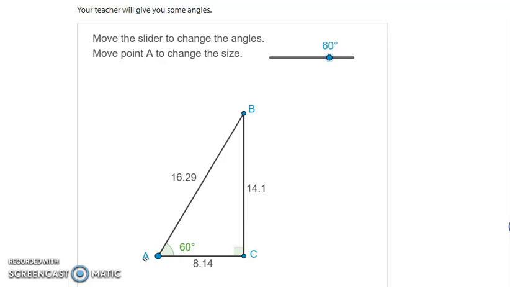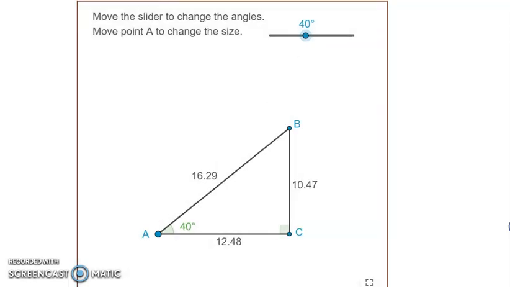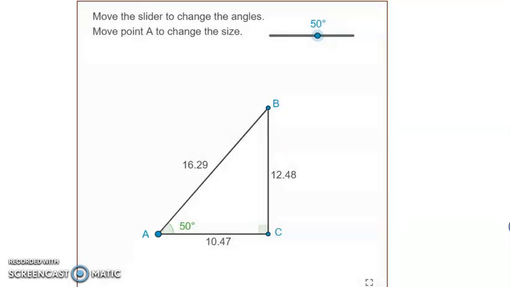It's just, this is the IM material, the company that we're getting the material from, or at least looking at it. And GeoGebra also has partnered with this company to create the lessons online as well. And it's asking you to use the slider to come up with the different triangles.